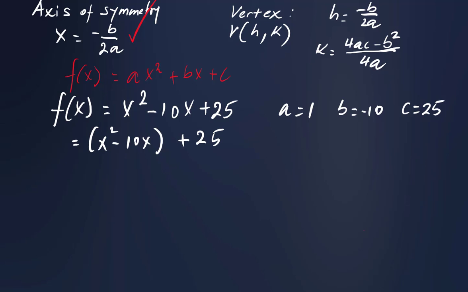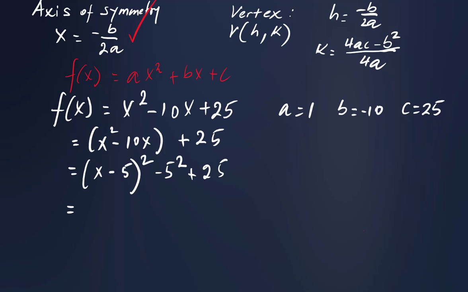Okay, and what I can say, that is x minus 10 divided by 2, which is 5, squared, minus 5 squared. We get that part if we do this operation, then plus 25, correct?